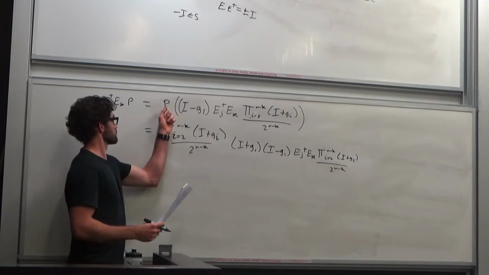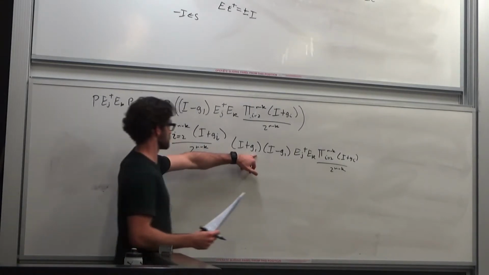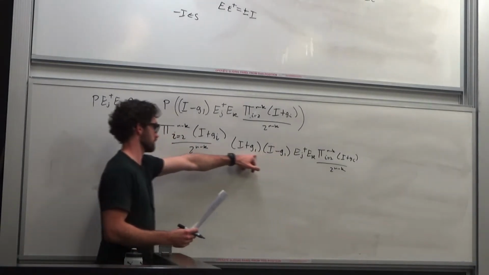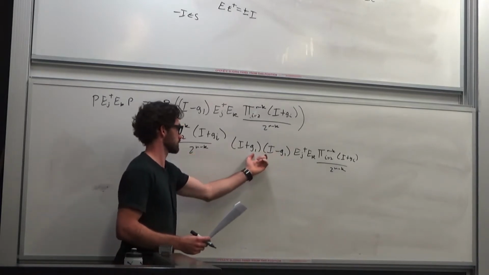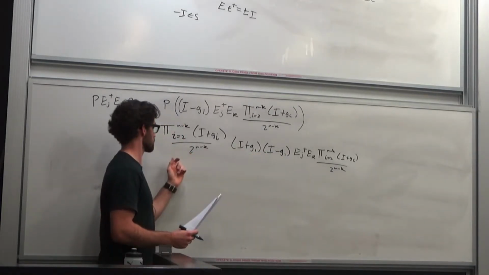So again, written this projector in the product form, pulled the I plus G1 term out here, and then the intersection of the +1 and -1 eigenspaces is trivial, so that goes to 0.